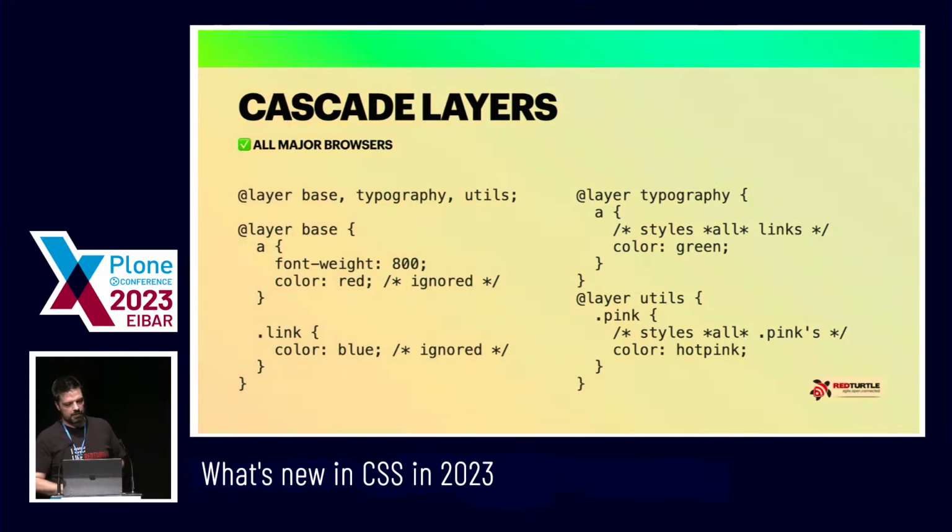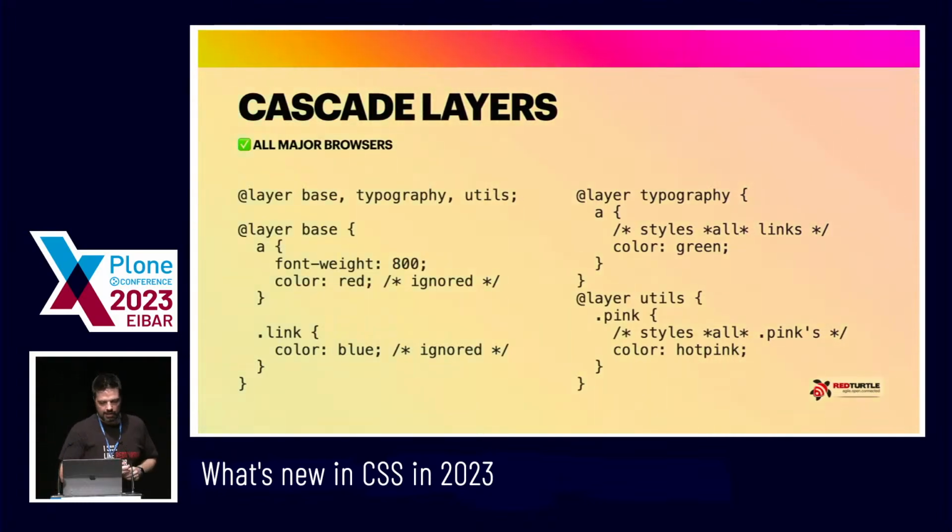After the first line, where I define the layer order, which is base, typography, and utils, I define the styles for these 3 layers. And no matter the specificity of the selectors inside the layers, they will always be applied in layer order. And inside a layer, the regular specificity that we know will apply.